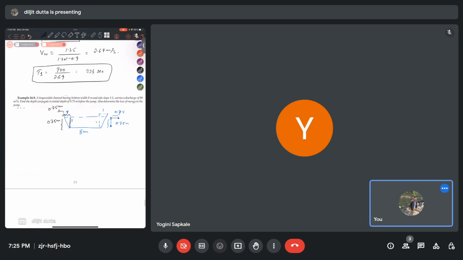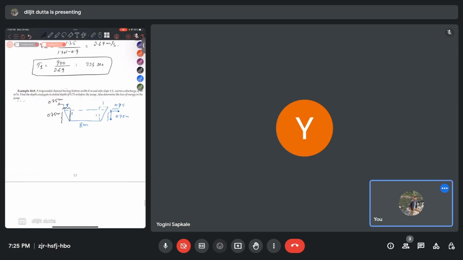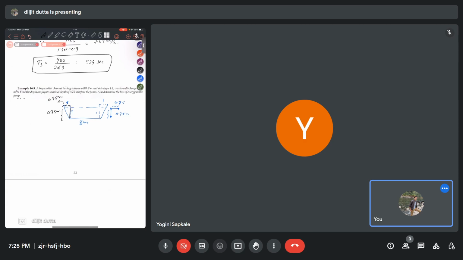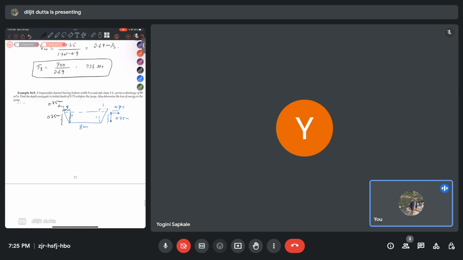So let us get the area and the centroid, that is the mean depth of the flow. To get the conjugate depth, we will have to use the conservation of specific force. For a rectangular channel it is straightforward, but since it is a trapezoidal channel, we have to derive the formula for the specific force and then get the conjugate depth.